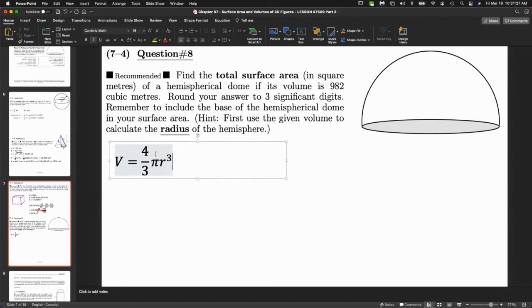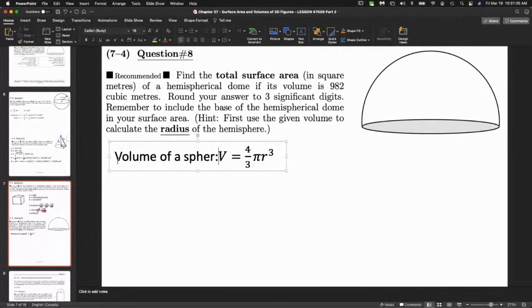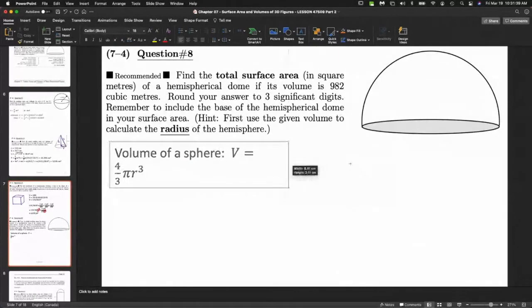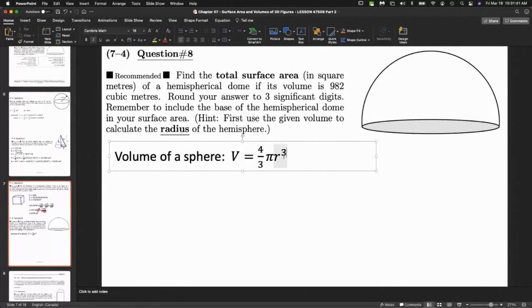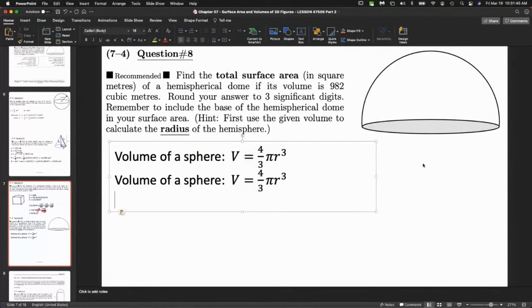So that's a sphere. That is a sphere. You're very kind, Malik. Volume of a sphere. Sadly, my friends, we don't have a sphere, right? What shape is this in the question? It's a hemisphere. So this is what I was saying to you at the beginning of class. Sometimes you have to adapt to the situation.